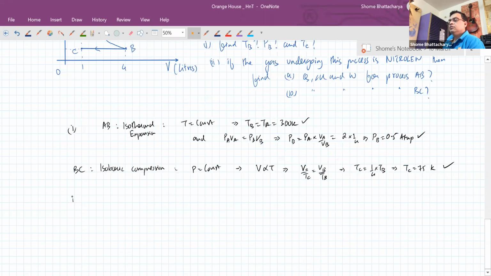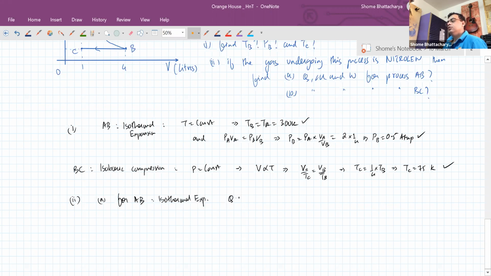Now the second thing, for the process AB, which is isothermal expansion.